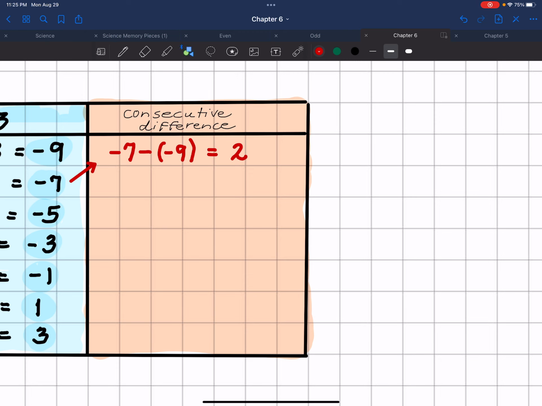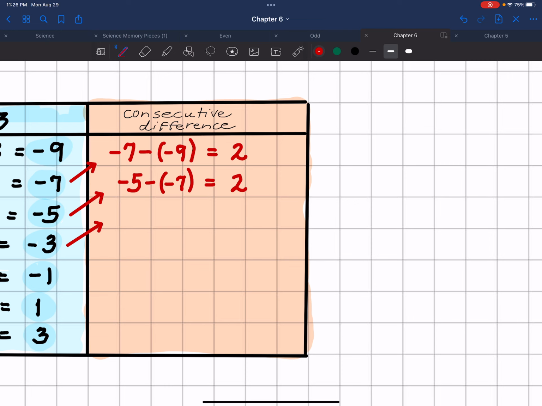Okay, let's bring this negative 5 up. And the one right above it is negative 7. Negative 5 minus negative 7 is 2. So let's bring the negative 3 up.